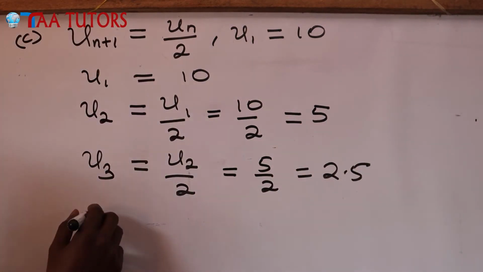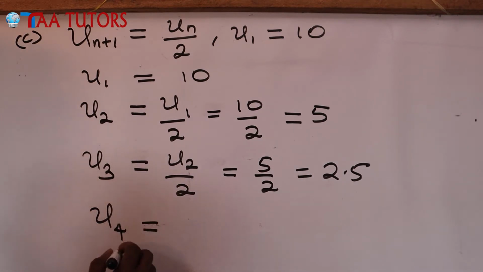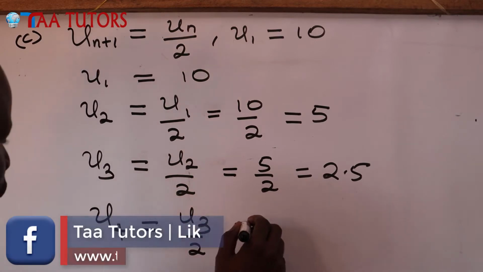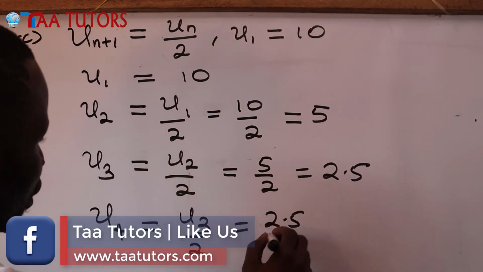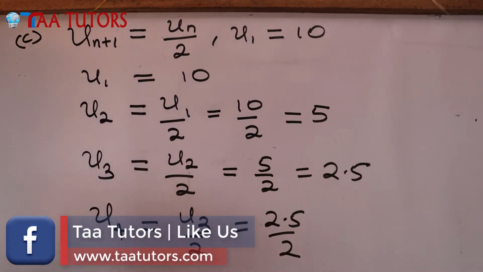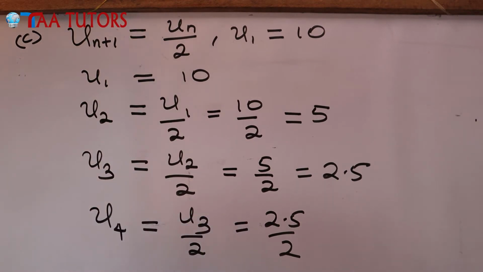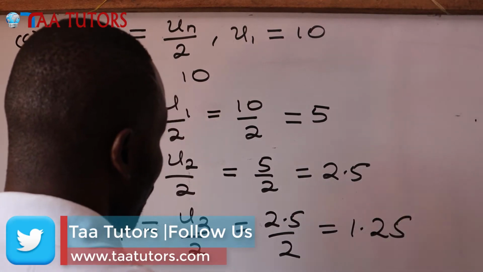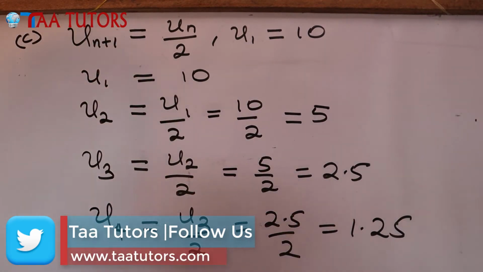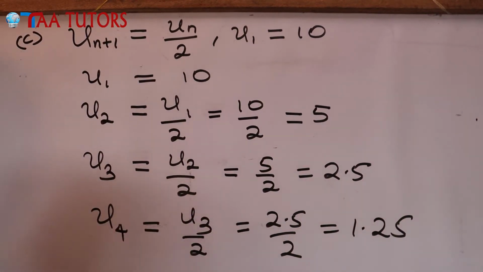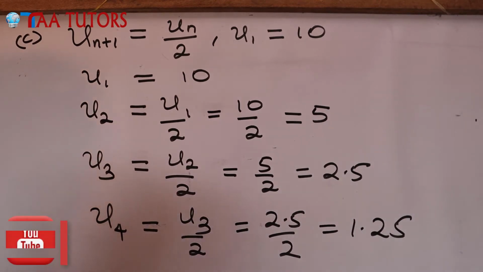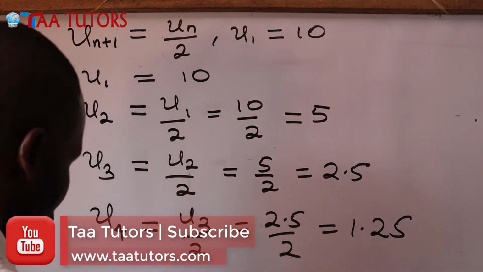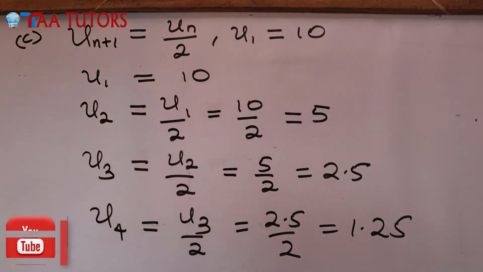And then u4 will be u3 over 2, which is 2.5 over 2. So 2.5 divided by 2 is 1.25. So we can say that this is actually a decreasing sequence: 10, 5, 2.5, 1.25. So viewers, that is easier.